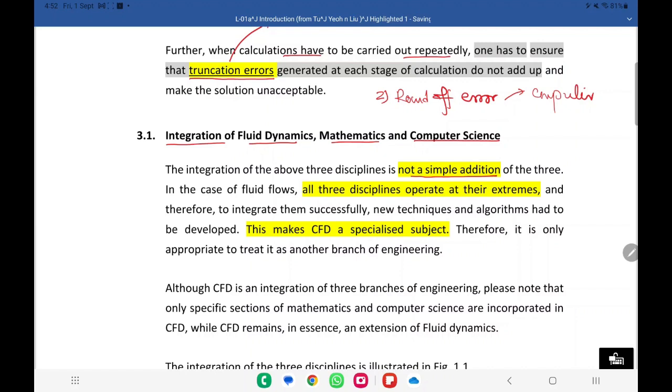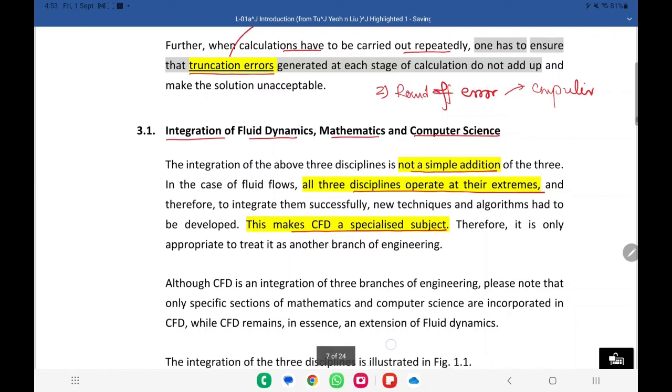Each one of them has to consider the problem of the other and develop accordingly. So they have to interact with each other, understand each other's limitations and try to solve them jointly. All the 3 disciplines operate at their extremes, and this makes CFD a specialized subject.